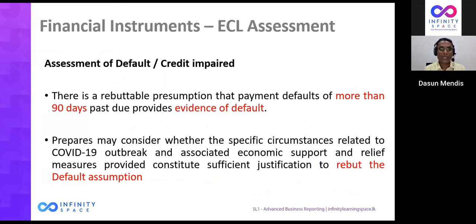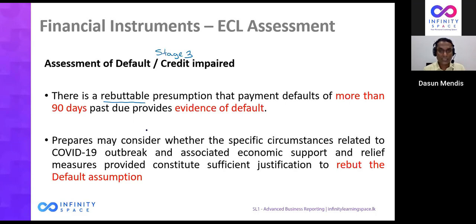Stage 3, assessment of default or credit impaired. Right, this is stage 3. There is a rebuttable presumption that payment default of more than 90 days past due provides evidence of default. Again, rebuttable. You can challenge.